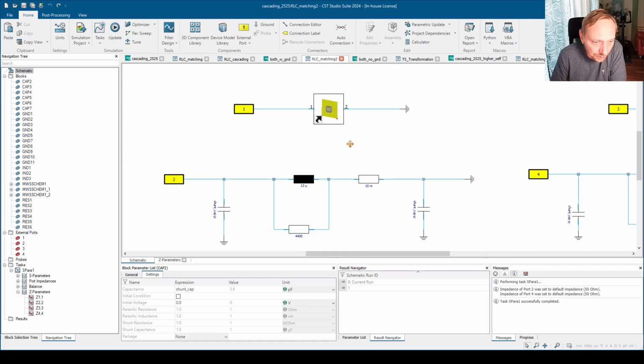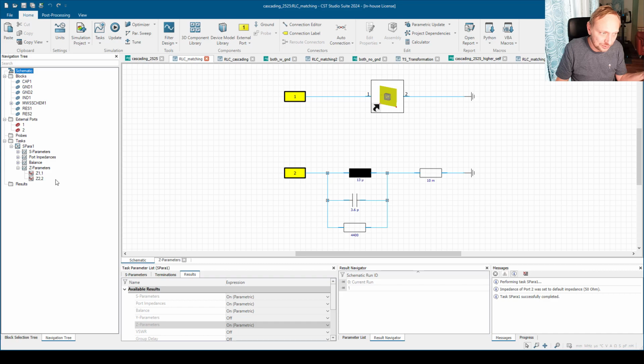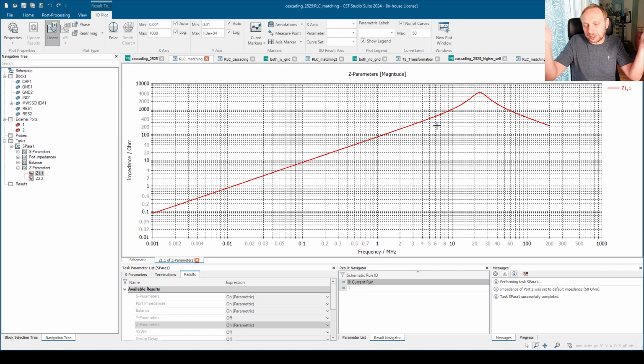So what I did now, instead of doing this parallel capacitance of the inductor, and now notice, I called it on purpose in the beginning the self-resonant frequency of the inductor, but this is not correct. I mean, it is if you see this curve, right? If you see the Z11 here, you would immediately say, ah, yeah, that's the self-resonant frequency, but it's not the self-resonant frequency of the inductor, it's the self-resonant frequency of the whole measurement setup and not only of the inductor.